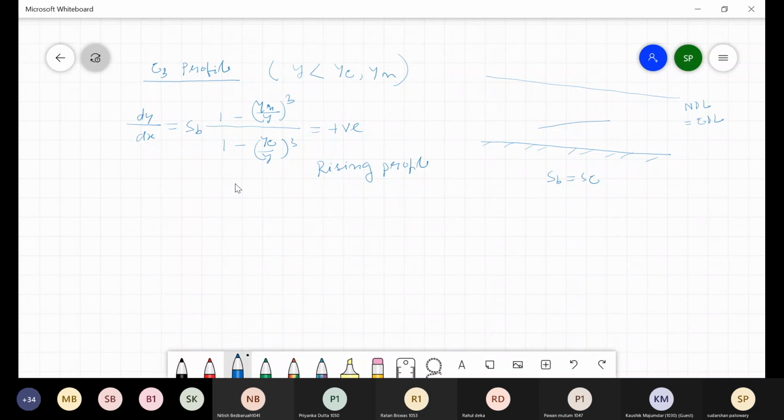Now, at upstream, y tends to 0. Then dy by dx is SB times (1 minus yn by 0) by (1 minus yc by 0).